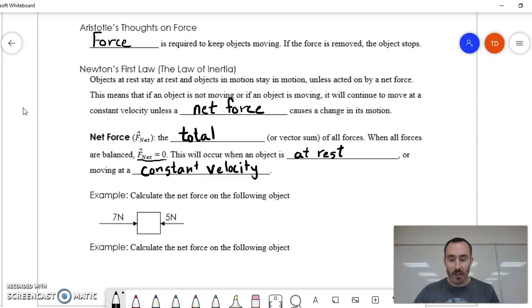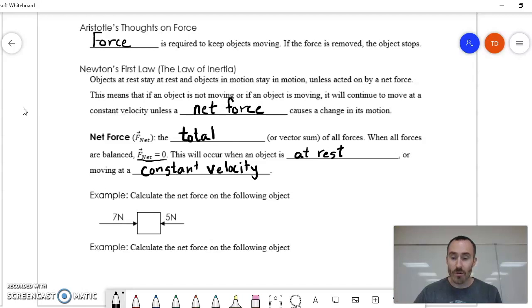So let's take a little look at this box over here. Calculating the net force on this box is doing the vector sum, or doing vector addition, for these two force vectors. So they're opposite directions, so we can't just go 7 plus 5 is 12. We have to go 7 to the right, and 5 to the left is a total of 2 to the right.